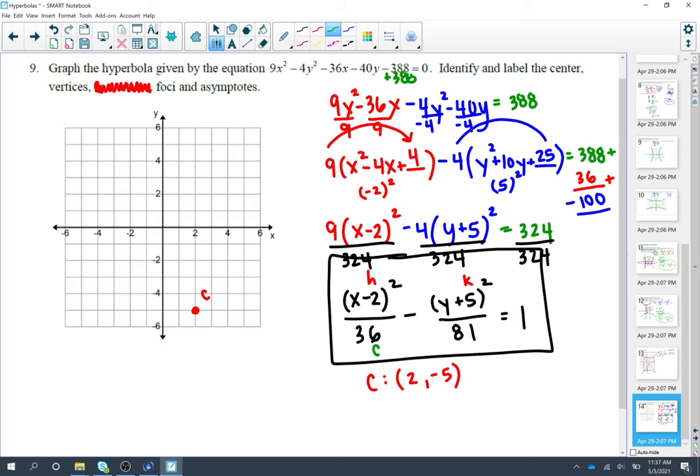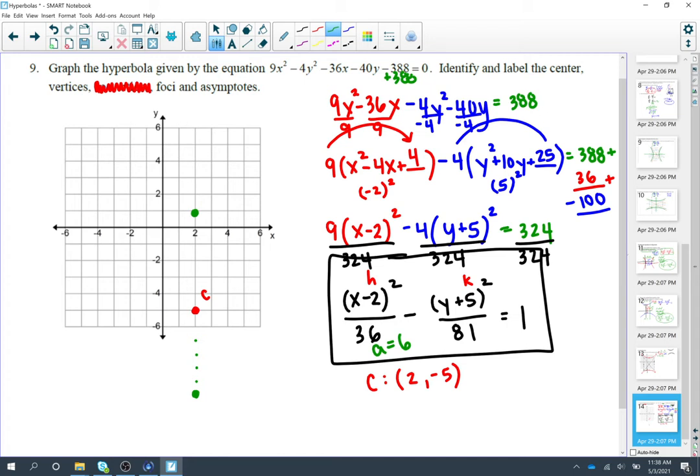So my A value is going to be the square root of that, which is going to give me 6. So from my center, I'm going to go up 6, which is going to give me my first vertex. And then I'm going to go down 6, which goes off my graph again, which is going to get me my second vertex.